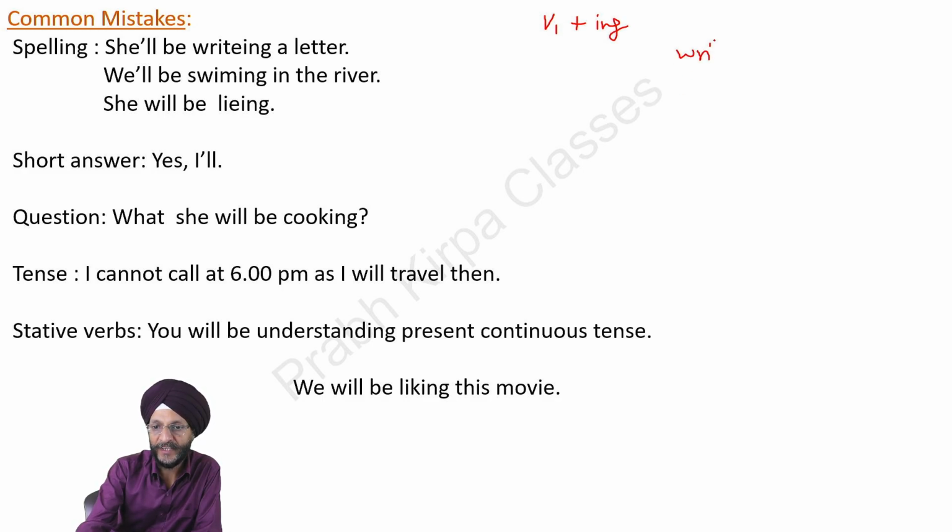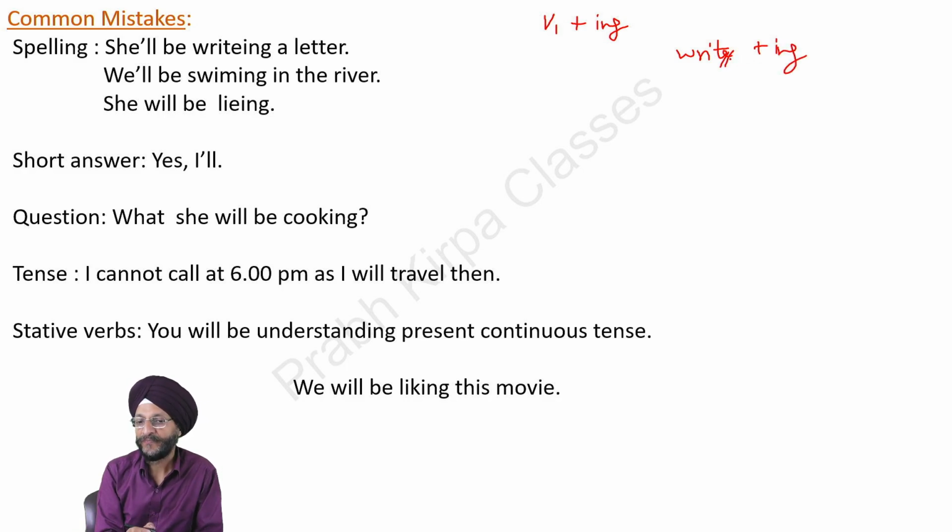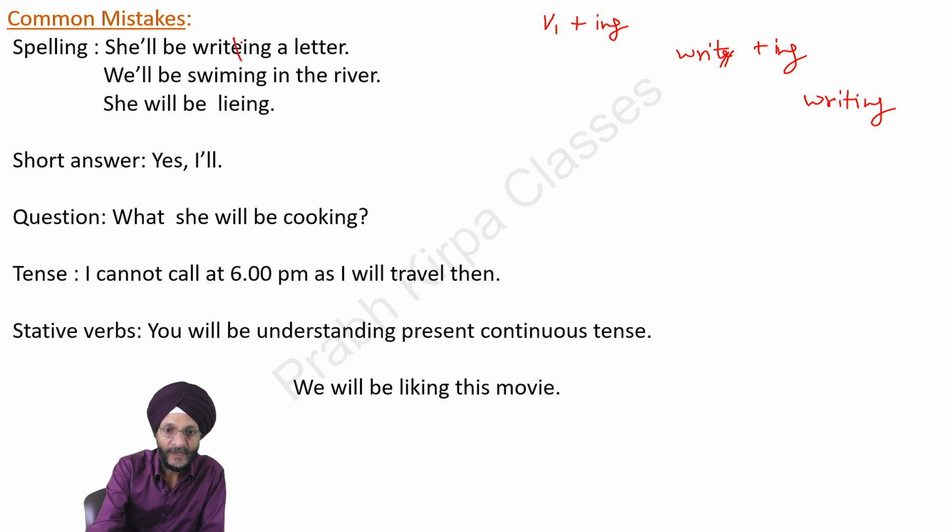In case of write, there are certain verbs where e is silent, and we have to remove e. So write plus ing becomes writing. E is removed. She will be writing a letter.